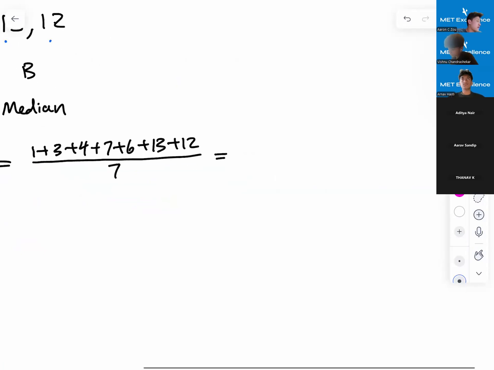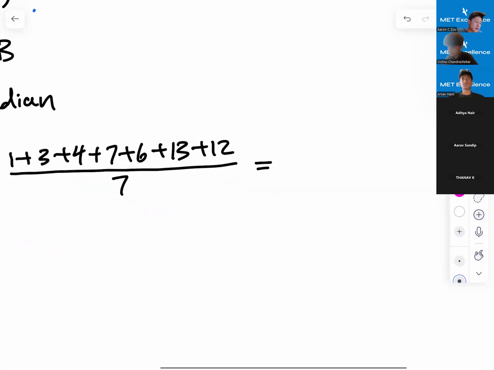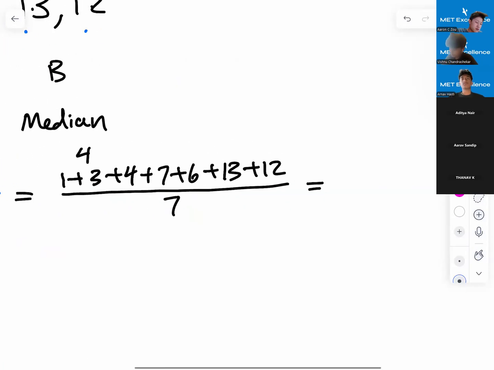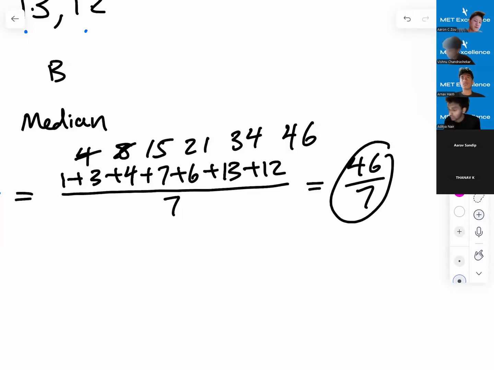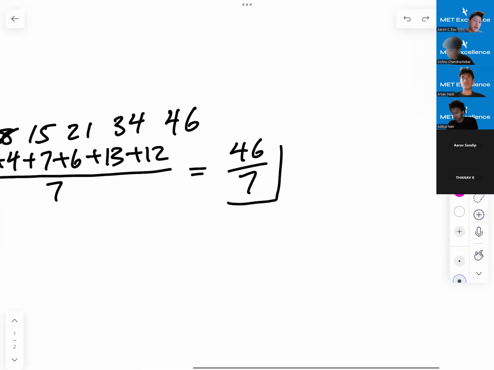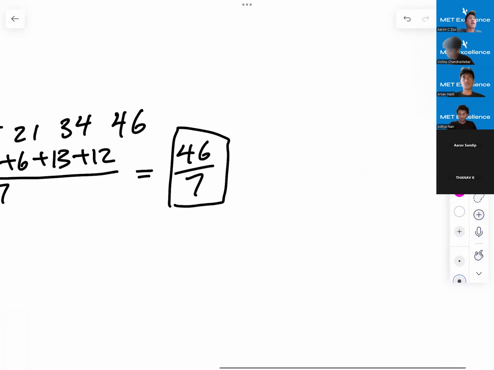To calculate this out, we'll just go through it. This is 4, then 8, 15, 21, 34, and 46. So we'll have 46 over 7. This is the answer. It can't be simplified anymore, but this is the arithmetic mean.